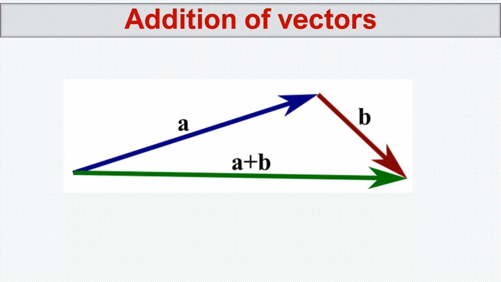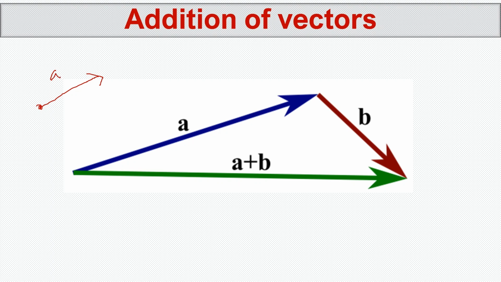Now look at the addition of vectors. We are going to the mathematical addition and subtraction. How do we add vectors? If we want to add vectors a and b, we start with a: we draw the vector first.